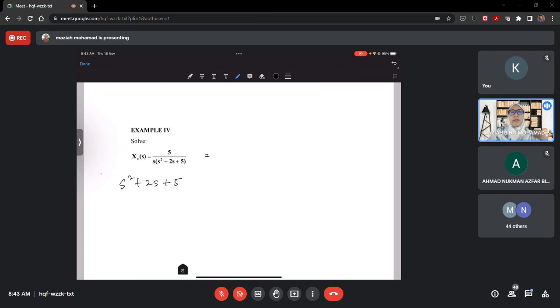If the denominator cannot be factorized, like in function number 5, where there is x squared plus bx plus c, the partial fraction becomes Bx plus C over x squared plus bx plus c. So in our case here, the partial fraction will become A over s plus Bs plus C over s squared plus 2s plus 5.